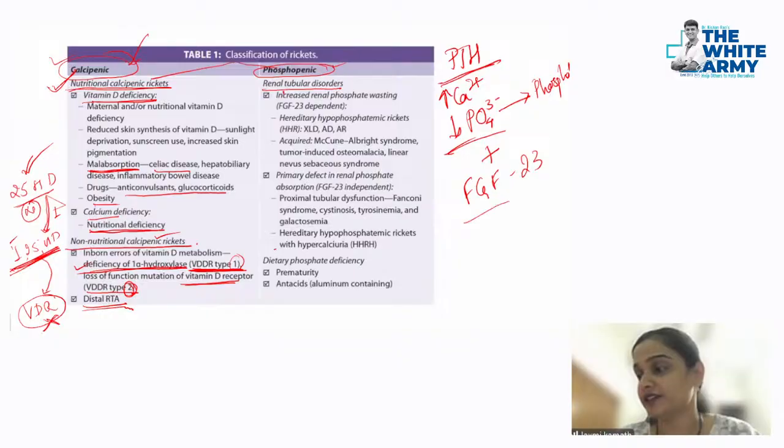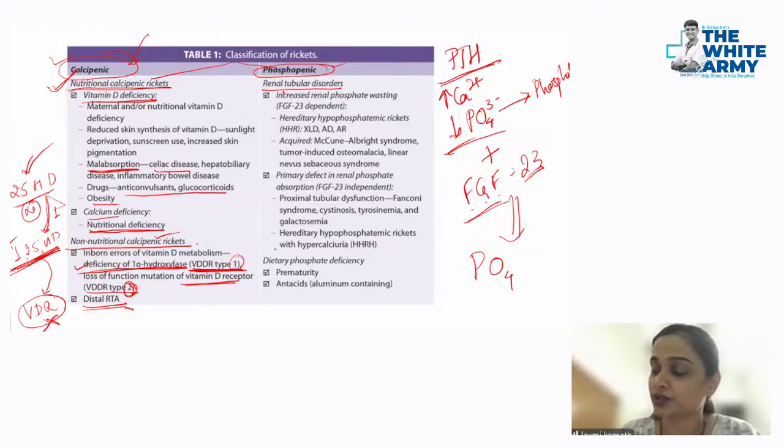So these are your PTH functions, but along with PTH, there is something called FGF23. Now, FGF is fibroblast growth factor 23, which is a humoral mediator. Along with PTH, it works on phosphorus. Now what does this do? FGF23, if it is more in quantity, does two things. One is it decreases phosphorus by causing phosphorus excretion in urine.